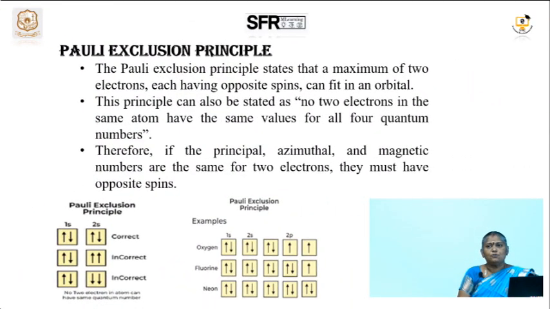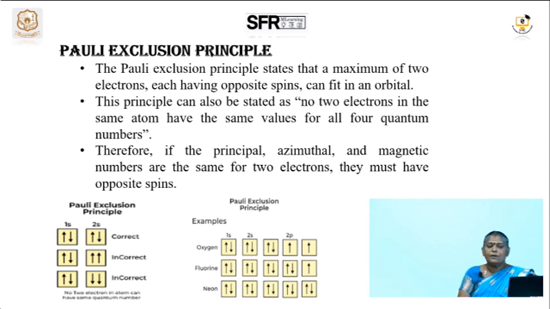The second rule to be followed in writing the electronic configuration is Pauli's exclusion principle. Pauli's exclusion principle states that a maximum of 2 electrons, each having opposite spins, can fit in an orbital. This principle can also be stated as: no 2 electrons in the same atom can have the same values for all the 4 quantum numbers.